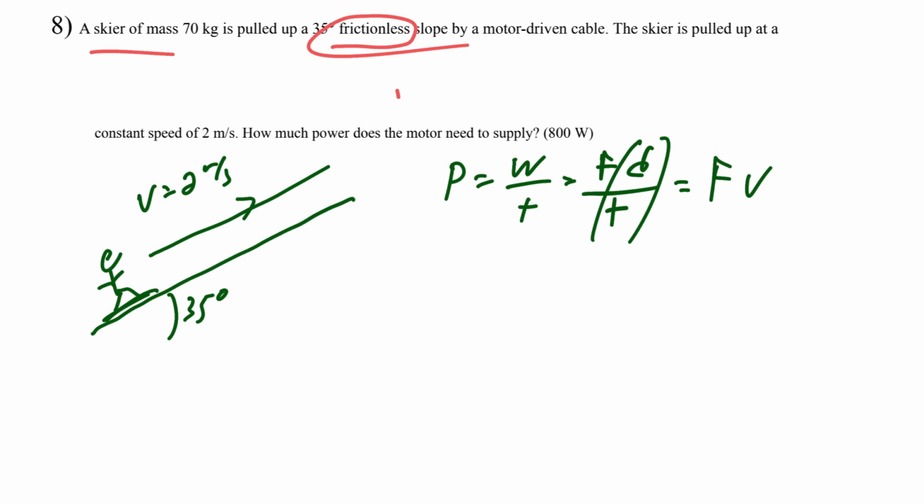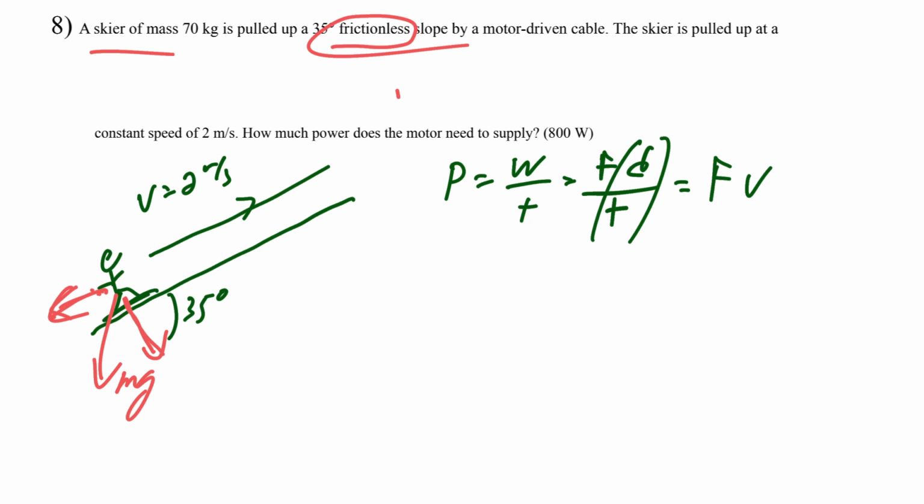So the only thing that's opposing is the component of gravity coming down the hill. If you recall, pure gravity is going to be mg this way, but part of gravity is pushing into the hill and part of gravity is pulling down. Hopefully by now you know how to find those two.